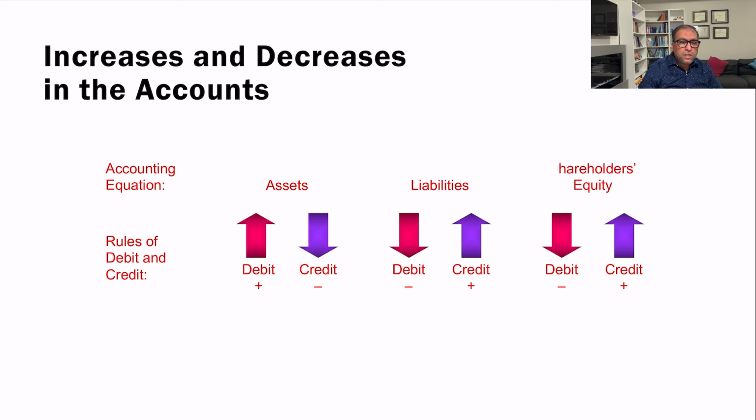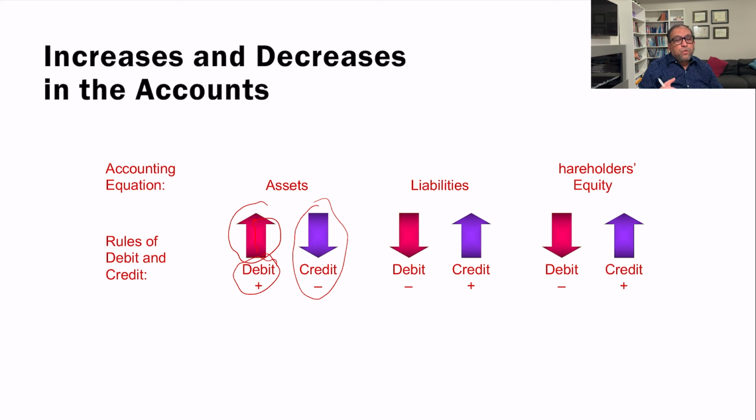If the asset is increasing, we debit. And you remember that we sold a certain part of the land, and in that case the land, the asset, is decreasing. We credit that account, land. So that's a credit when the asset is decreasing.